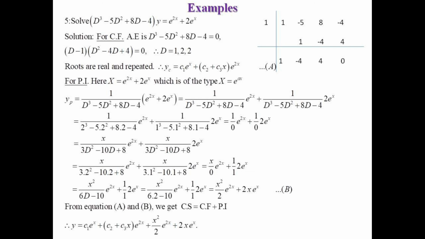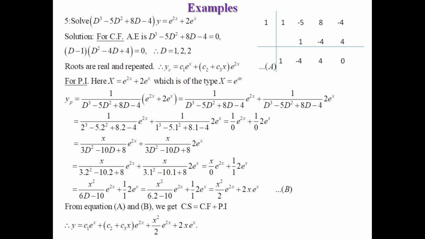So 1 upon (D^3 minus 5D^2 plus 8D minus 4) into e^(2x), plus the second term, 1 upon (D^3 minus 5D^2 plus 8D minus 4) into 2 e^x. That means we split the given equation into two parts, and the middle sign is plus because in between e^(2x) and 2 e^x there is a plus sign. So you may solve the first term and second term independently, or you may solve these two terms simultaneously.